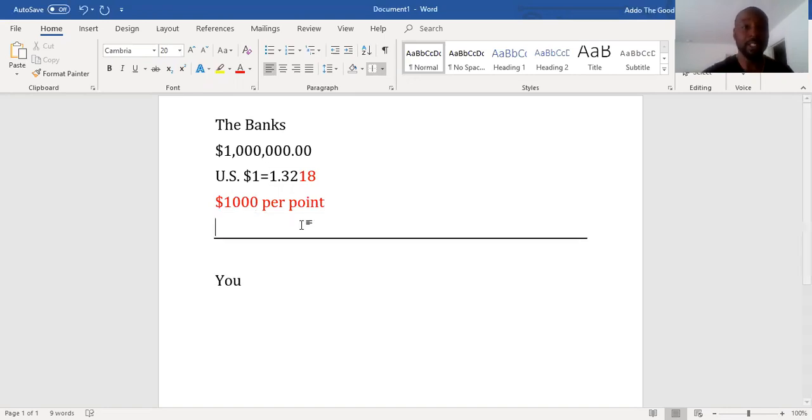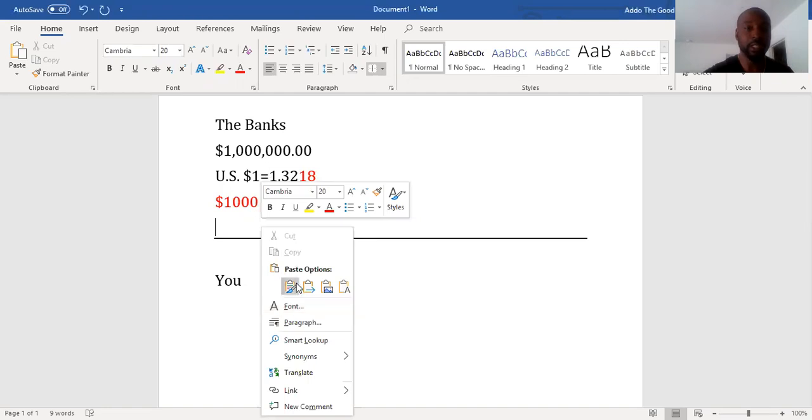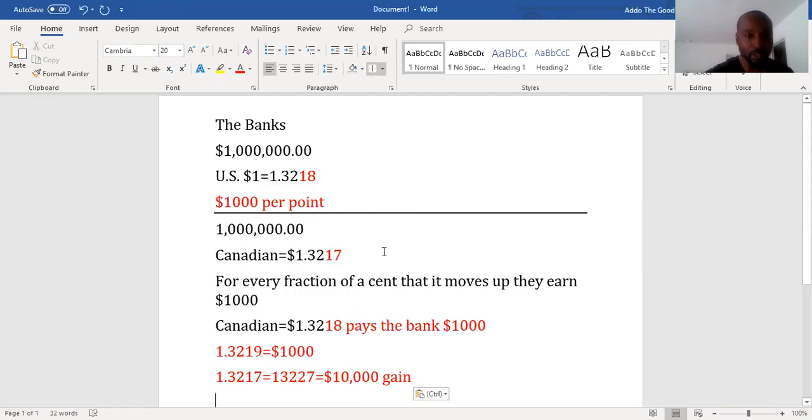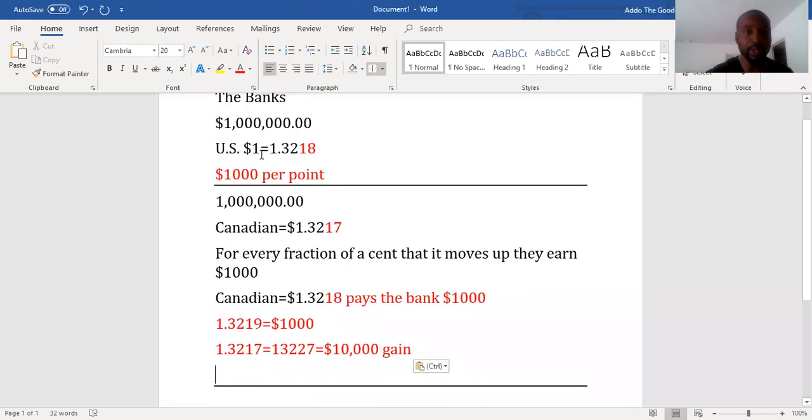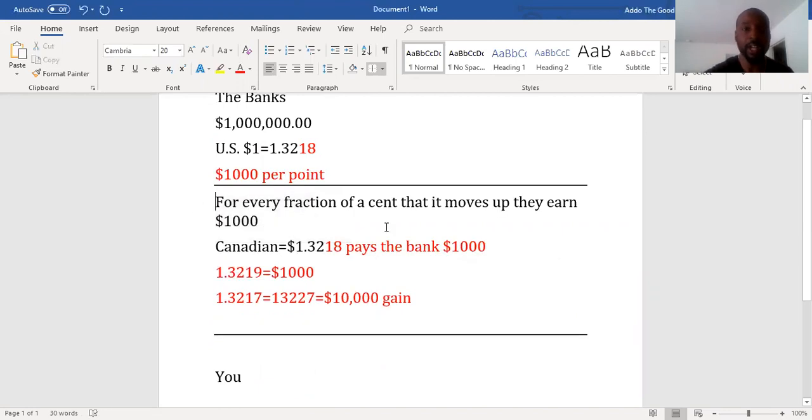So with that being said, $1,000 per point. Every fraction of a cent it moves up, they earn $1,000. So basically, 32.17, $1.32 and 17 fractions of a cent, $1,000 per point.